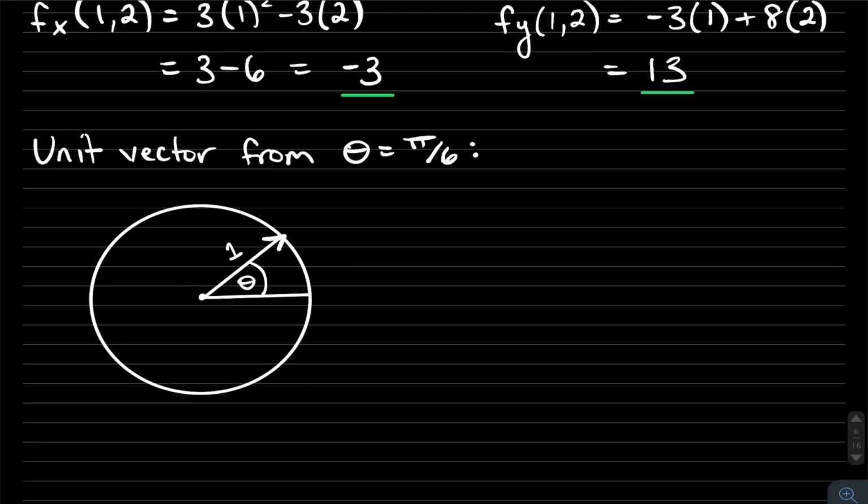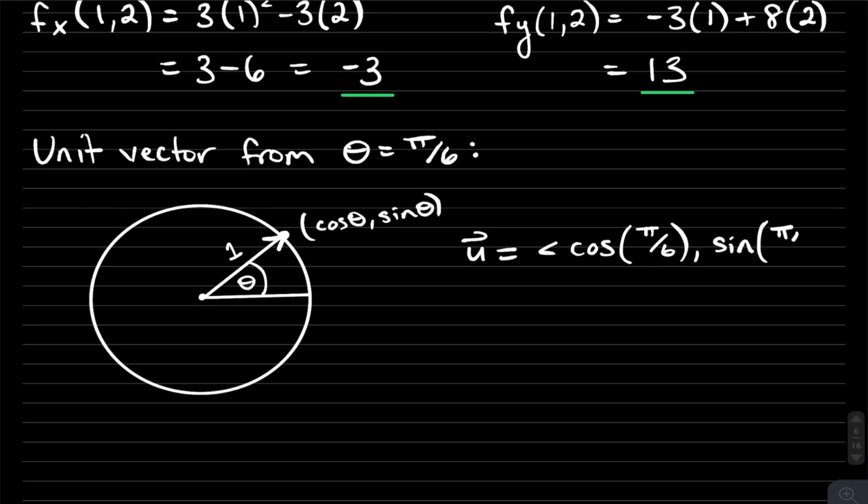This point right here is given by cosine theta, comma sine theta. And so if we want to construct a unit vector, that's just going to be cosine of pi over 6, comma sine of pi over 6. Okay, so really not that bad.